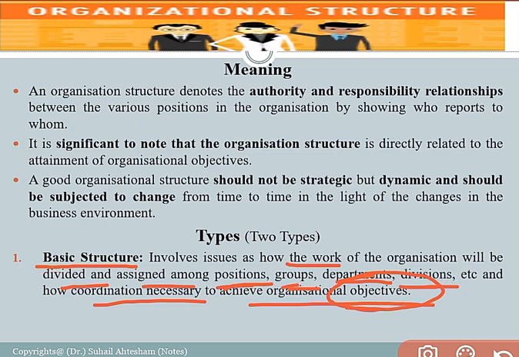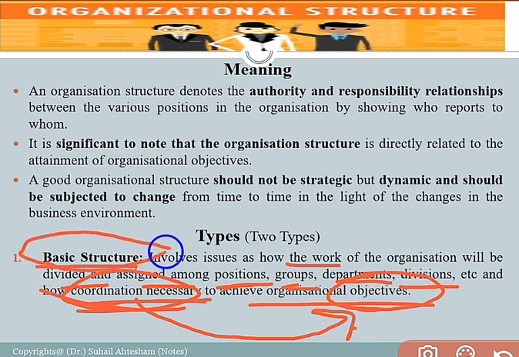There must be proper coordination, and if there is proper delegation or division of work in the formal organization, automatically there will be coordination, and if there is coordination in the organization, all will work in an effective manner. It will create a positive factor and the organization can achieve the organizational goals and objectives. Right. So this is all about basic structure, which is the first type of organizational structure.